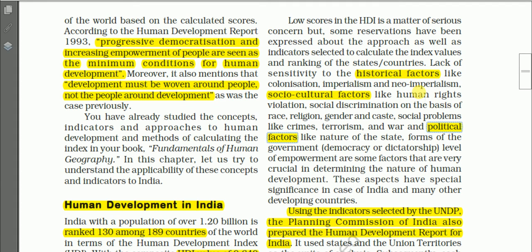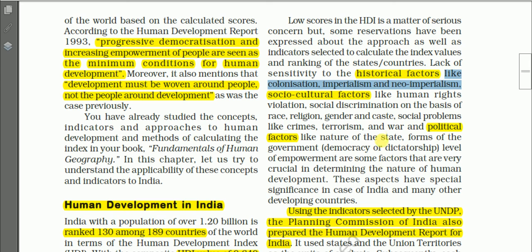What are the historical factors? Like colonization, imperialism, new imperialism. We know that India had been colonized by the European people, and because of that, development activities were poor, lesser than the present day.